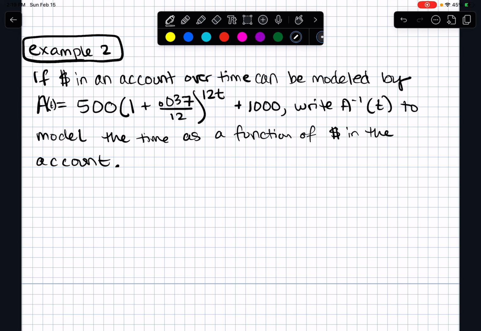So if I want to use logs to rearrange this, my goal is to isolate that t. So let's write this with y and x first. y equals 500 times (1 plus 0.037 all over 12) to the 12x.